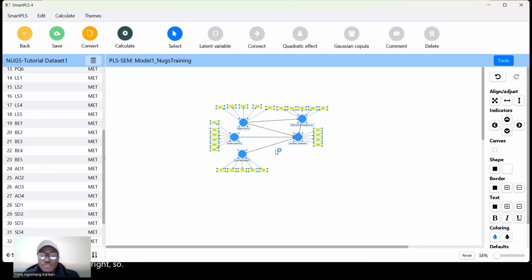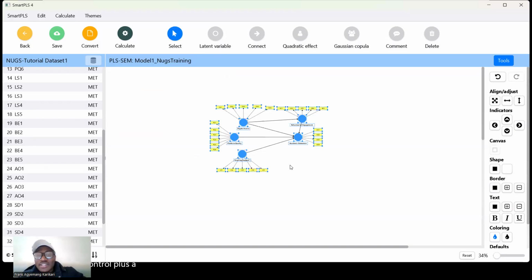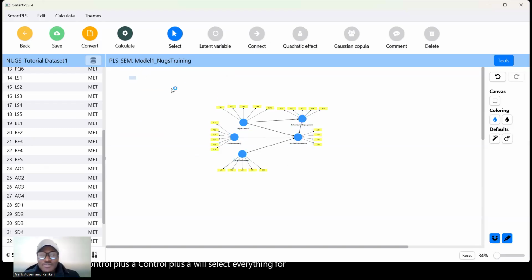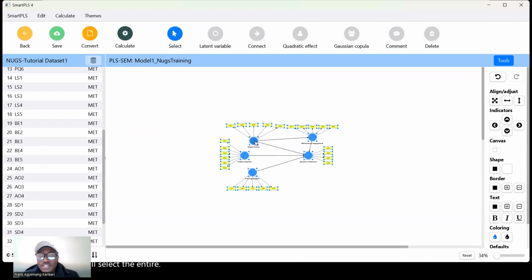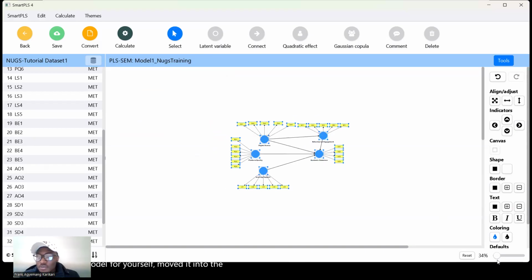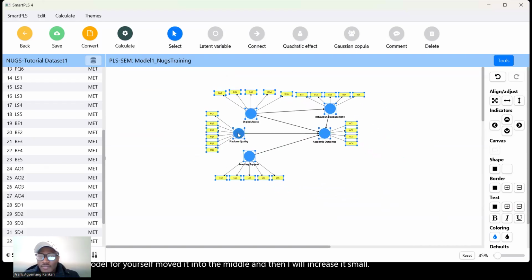What I'm doing is moving it to the center. You just select and press Control plus A. Control plus A will select everything for you, or you can just highlight it and it will select the entire model. So I've moved it into the middle, and then I will make it a bit smaller. So let me move it here.